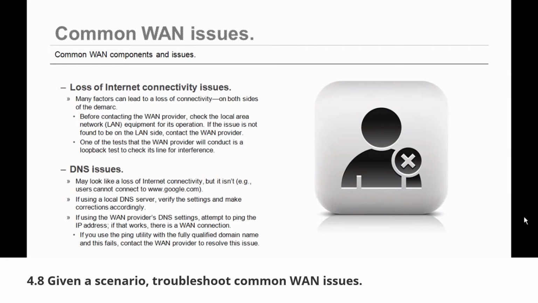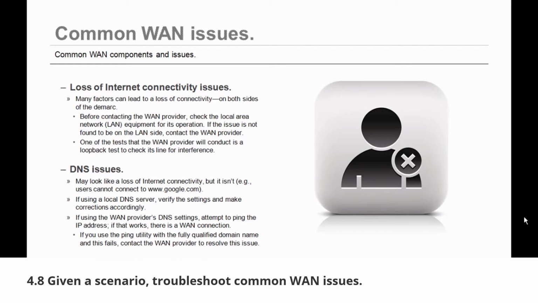DNS issues are also common in a WAN environment. They may look like a loss of internet connectivity, but it isn't. The users may complain that they cannot connect to an outside source like www.google.com, but it may not actually be a connectivity issue, but a DNS issue. If using a local DNS server, verify the settings and make corrections accordingly.